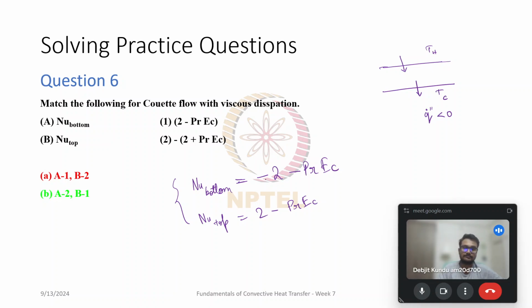So 2 is a threshold below which, if Brinkman number is below that, then we have the top wall being the hottest region of this whole configuration and heat coming out of it. If Brinkman number gets greater than 2, then we have the fluid attaining the maximum temperature, and it transfers heat from it to the top wall as well, which is the hotter between the two walls. I hope that makes things clear.